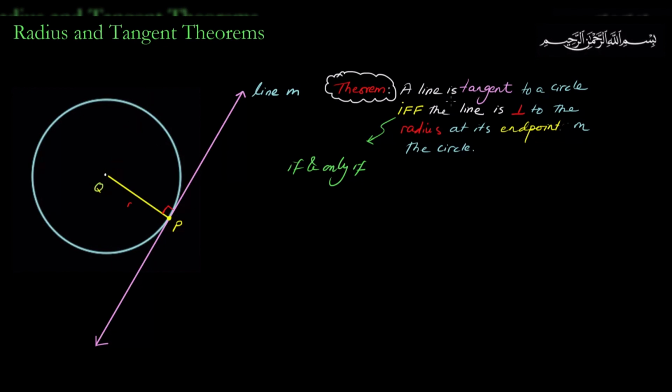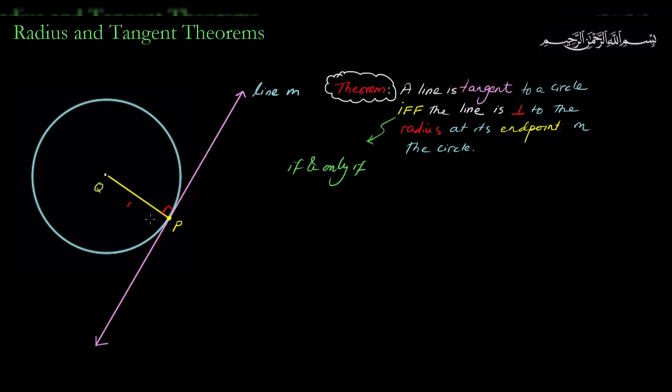So, a line is tangent to a circle if and only if the line is perpendicular to the radius. So this line is perpendicular to that radius at its endpoint, not plural, endpoint right here. The radius has endpoints Q and P, because a radius is a segment.